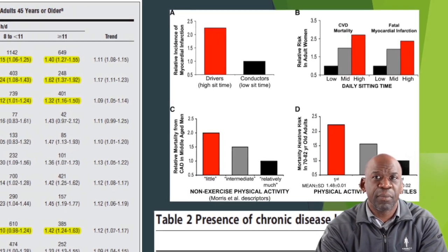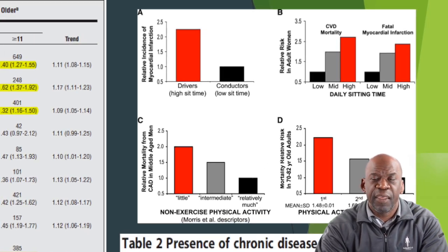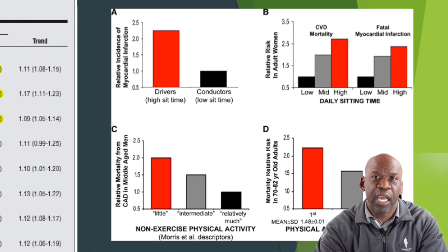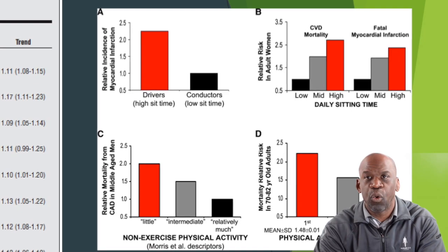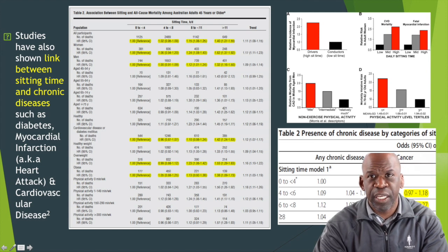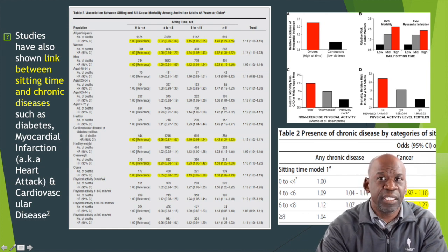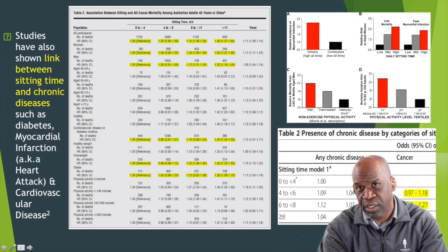When all of these things were matched with one another, and the only difference being sitting time, they found that the drivers who had the higher sitting time had a higher incidence of disease than did the ticket takers who were walking throughout the day. So here I'm trying to get you to understand that whether it be in particular populations or in the general population, overall, as sitting time increases, so too does the incidence of disease. And that could be both metabolic diseases or chronic diseases.